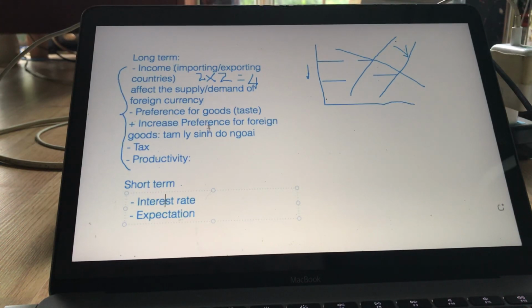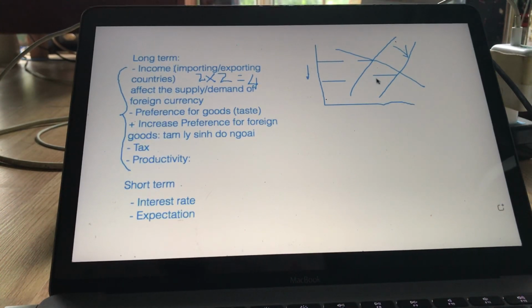Do you understand what you need to do? Please confirm. Can you repeat once again? Okay. You already learned about the supply and the demand of the foreign currency, right?